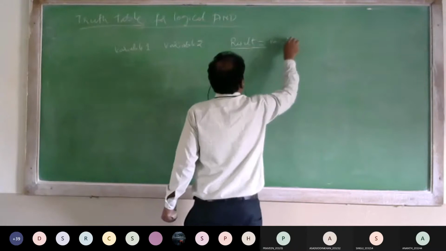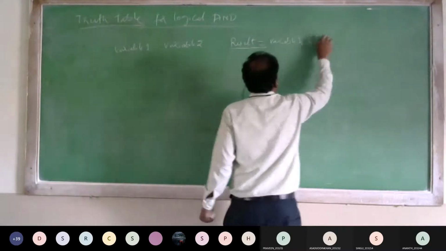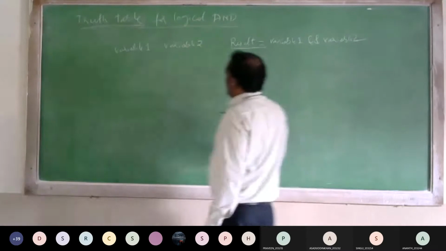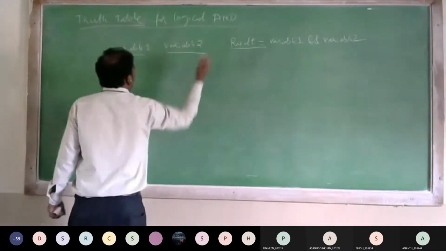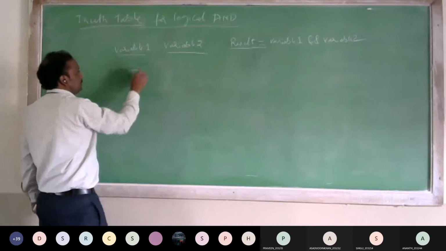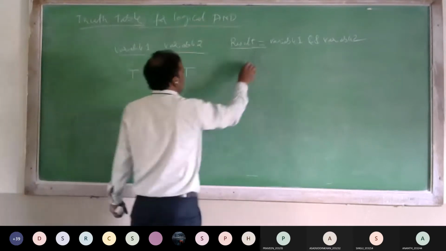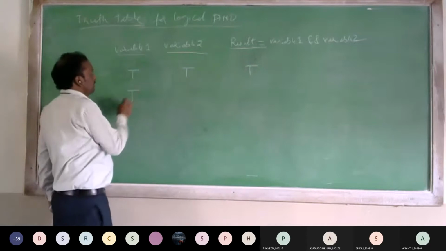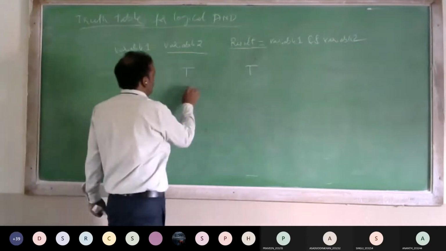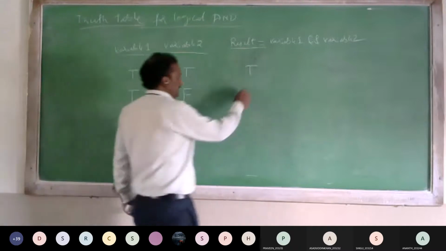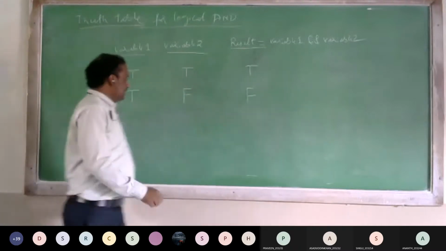Variable 1 and variable 2. Now, if variable 1 is true and variable 2 is false, true, false, the result will be false.